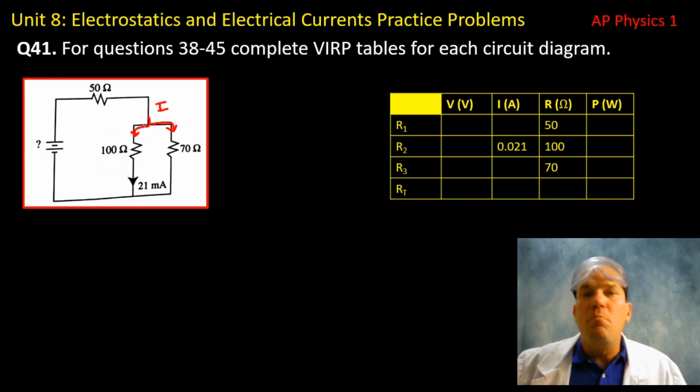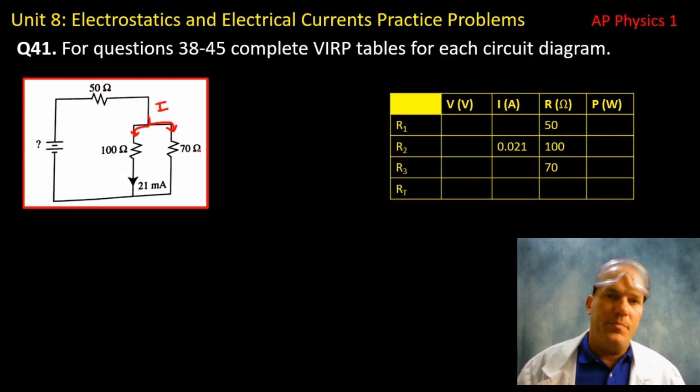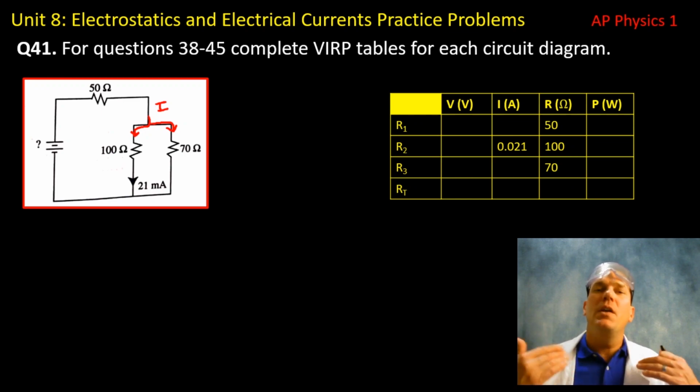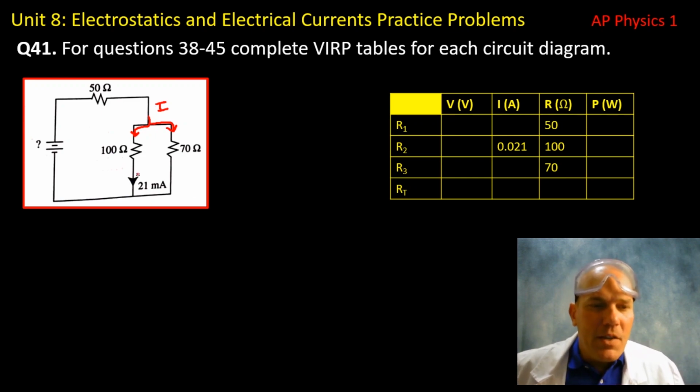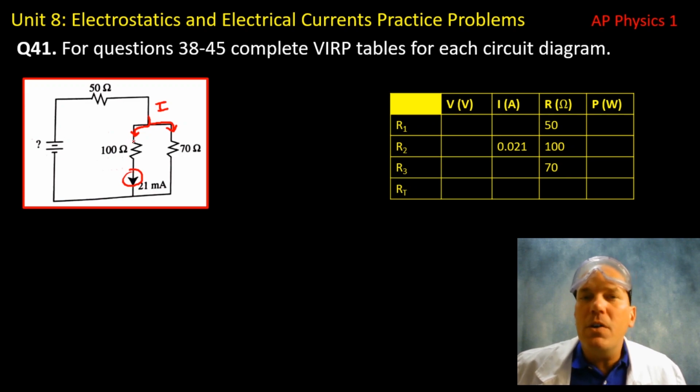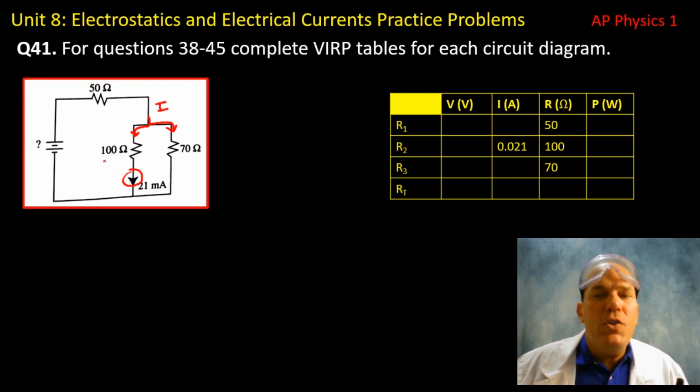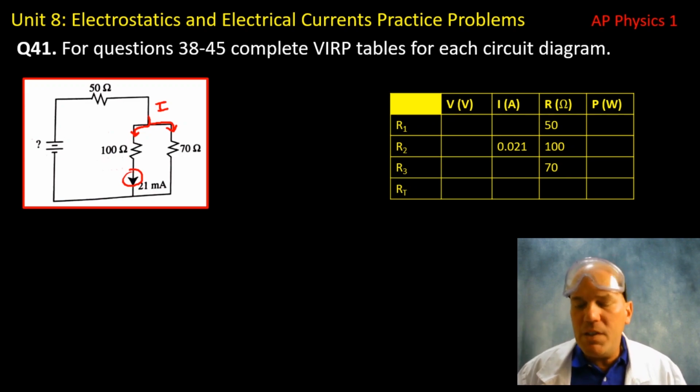You're going to have more going through this branch, the 70, because it has a smaller resistance. And that's the inverse relationship that is current and resistance. So this amount here represents the current that went through R2, which is our 100 ohm resistor.